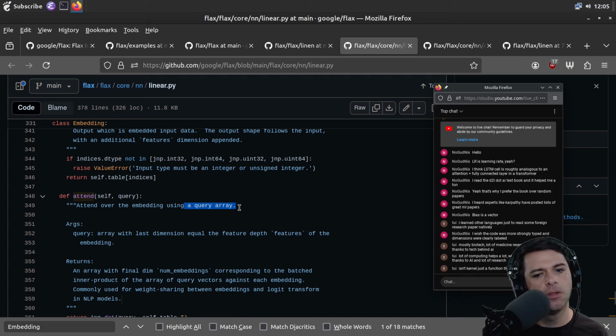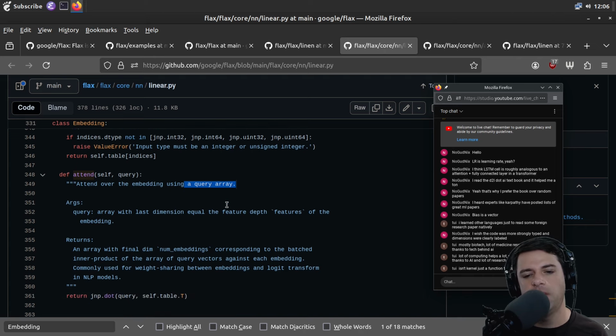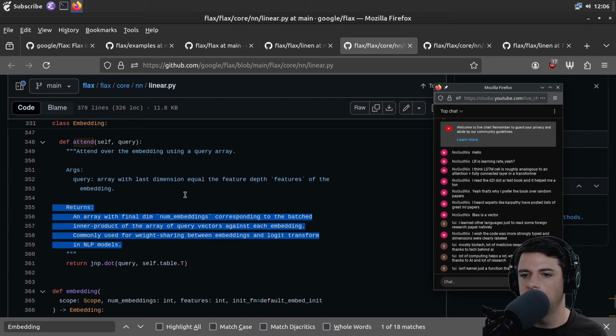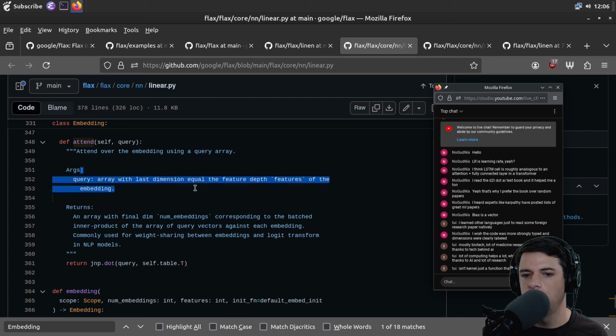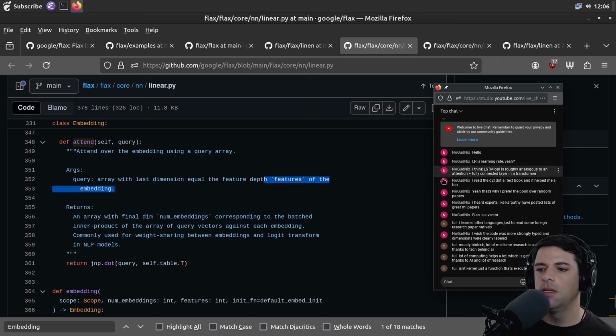Okay, so I guess the query array is maybe several query vectors. Maybe one for each feature. I don't know.